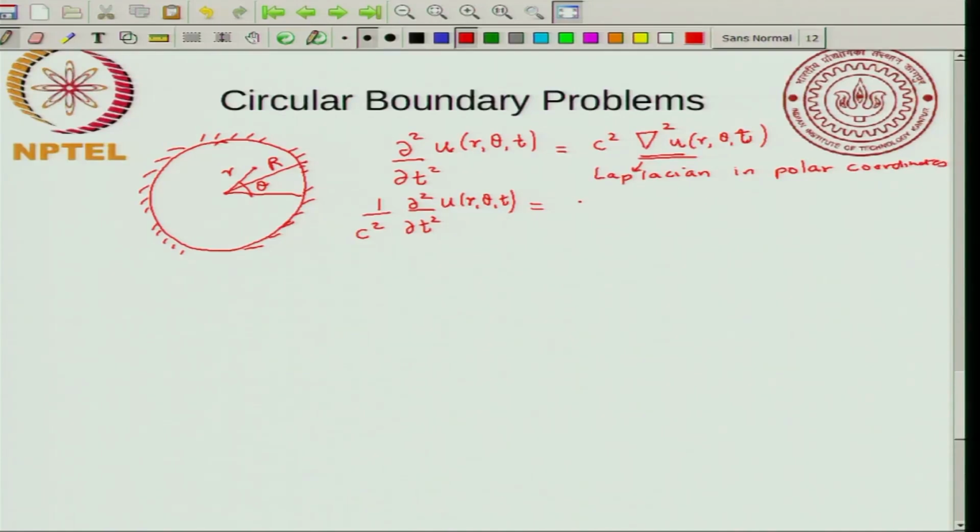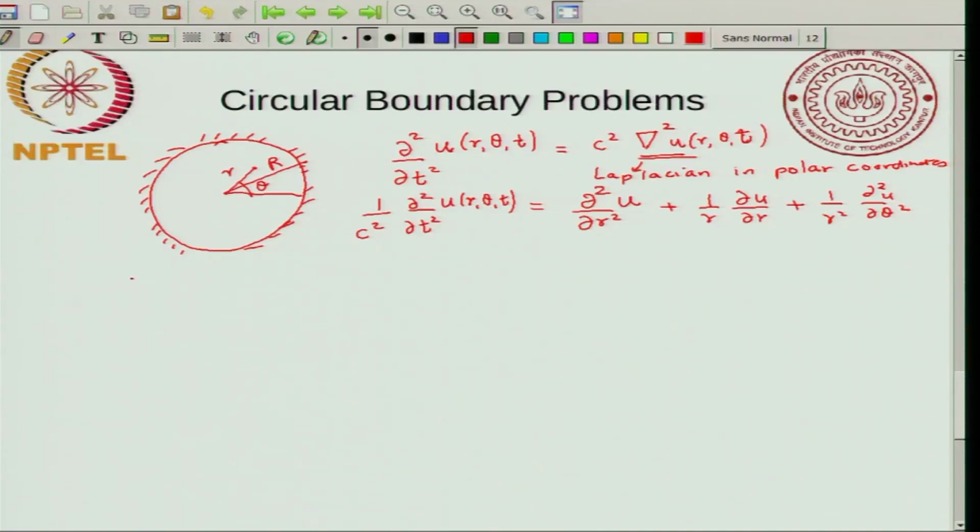The Laplacian in polar coordinates has this form: d square by dr square of u, plus 1 by r dou u by dou r, plus 1 by r square dou square u by dou theta square. On the left hand side you just have d square by dt square.